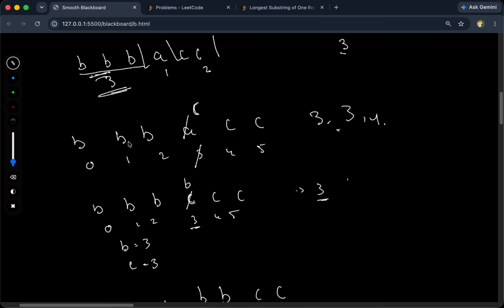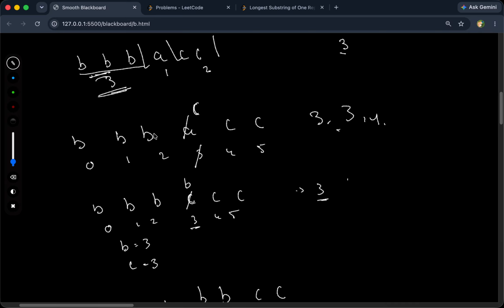Now see, we have a string and several queries. Each query tells us to change one character at a specific index. After changing that character, we look at the entire string and find the longest group of equal characters that are next to each other. We store that length as our answer for that query.